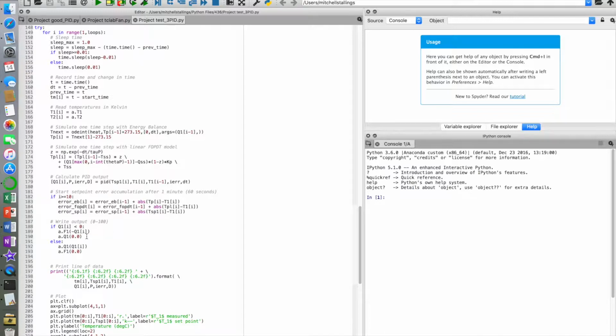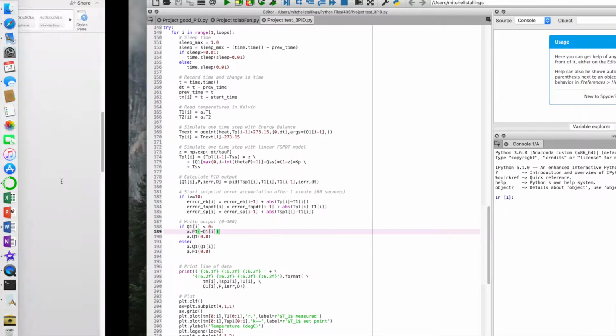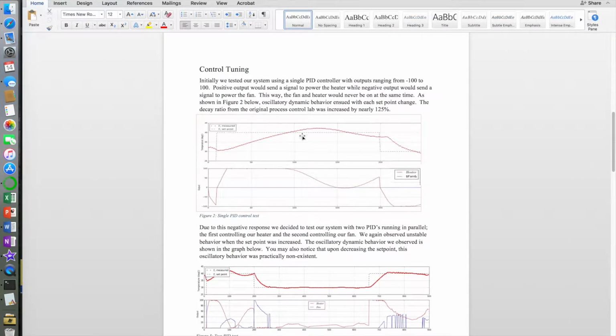If the output is negative, then it's going to write to the fan a positive number, basically the magnitude of the output that we want. And if it's positive, it's going to write to the heater. So essentially, we had one PID controller that was controlling our system. That gave us results outlined here in this graph.